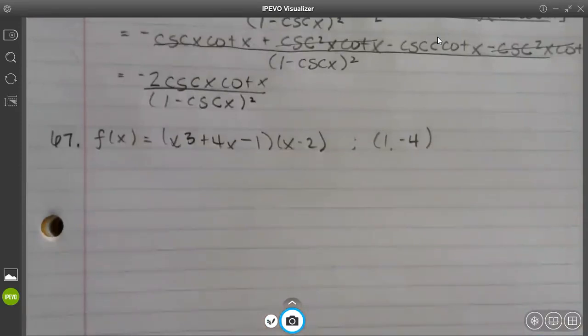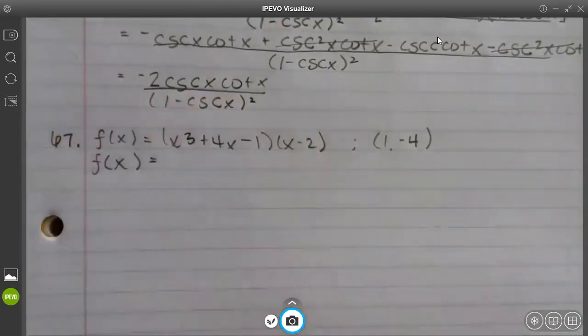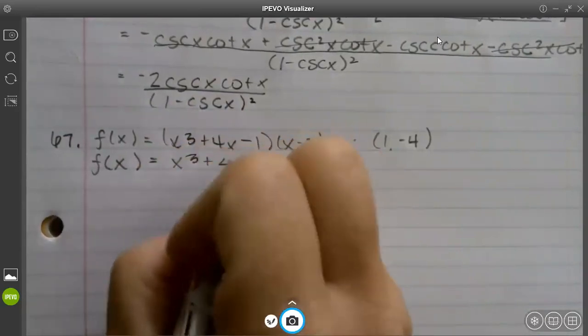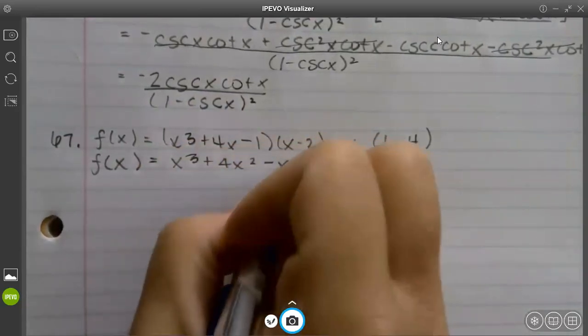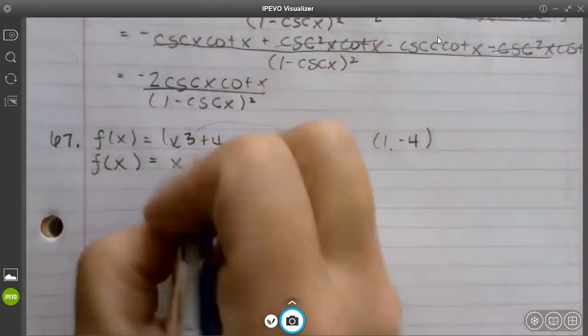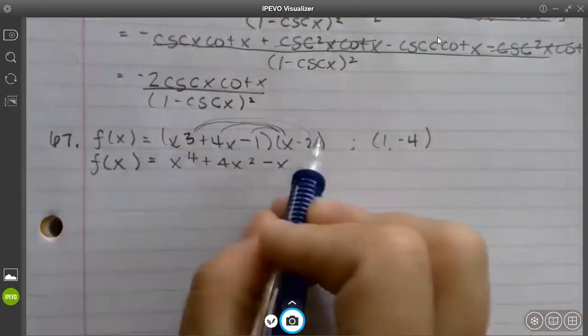So the first thing that I would do on this, I don't want to use the product rule. I can go ahead and multiply it out. So I'm just going to go ahead and distribute. You get x to the third plus 4x squared minus x. So I distributed, sorry, it should be x to the fourth. I distributed my x. Now I'm going to distribute my -2.